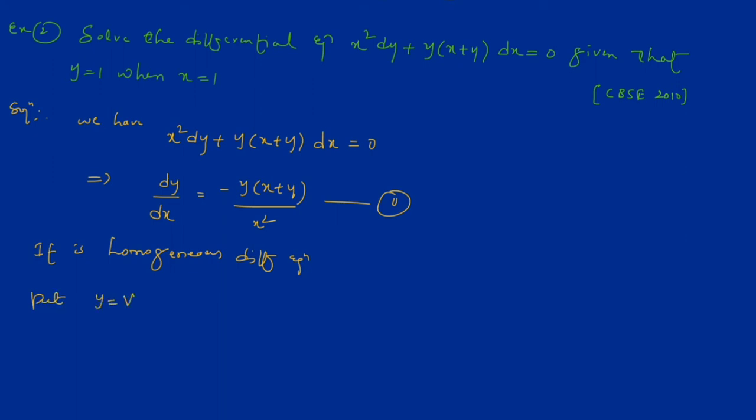So now put y equals vx, which implies dy by dx is equal to v plus x dv by dx.